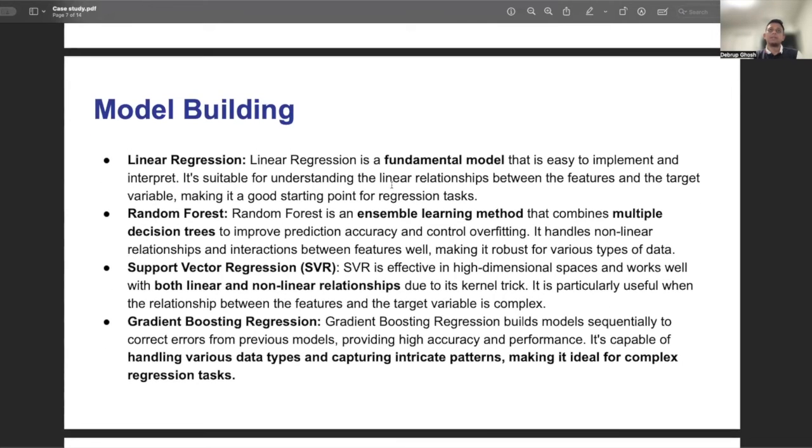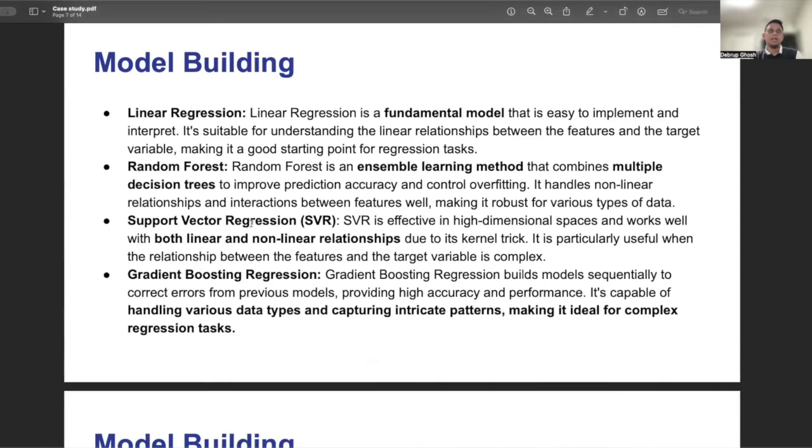Lot of text on this slide, I apologize in advance. Linear regression is a pretty fundamental model. That's why we chose it. Random forest, as we learned in the course, can take in a lot of complex relationships. So we use that, and then the two other more advanced regression models. This was me just trying to figure out how we can improve the linear regression.